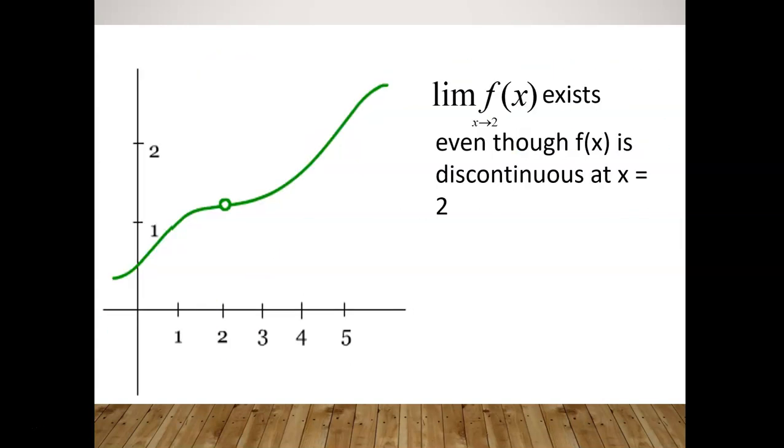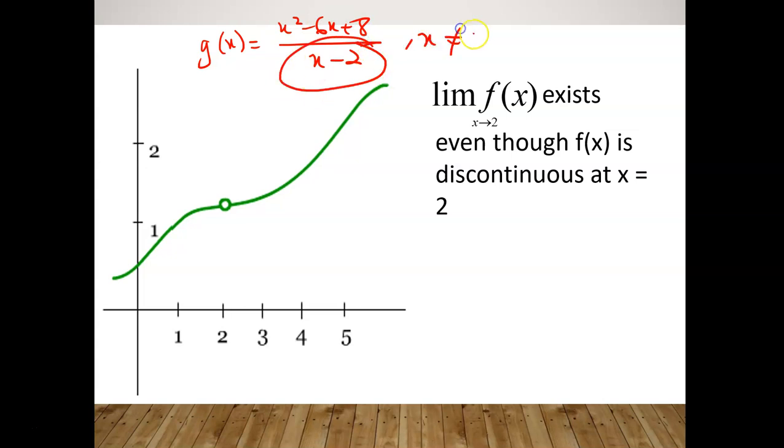The limit of f(x) exists as x approaches 2 even though f(x) is discontinuous at x equals 2. This is the same example as the fraction before, g(x) equals (x squared minus 6x plus 8) over (x minus 2). Because x cannot equal 2, you have an empty hole there in your graph.